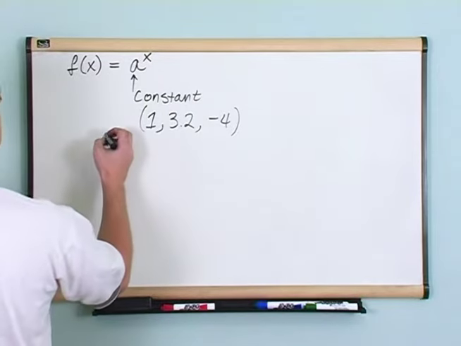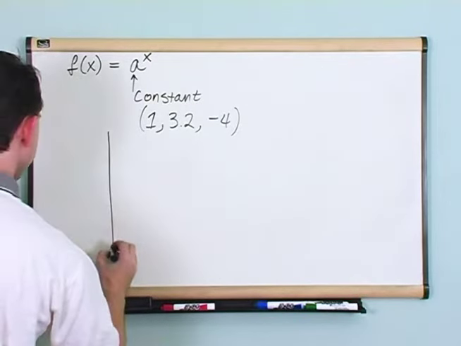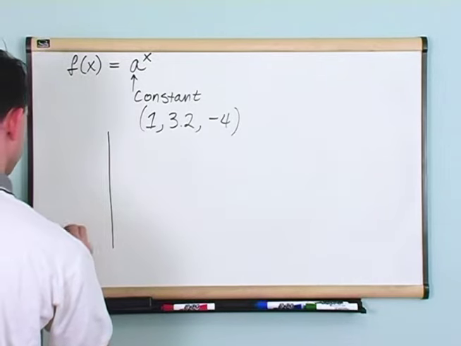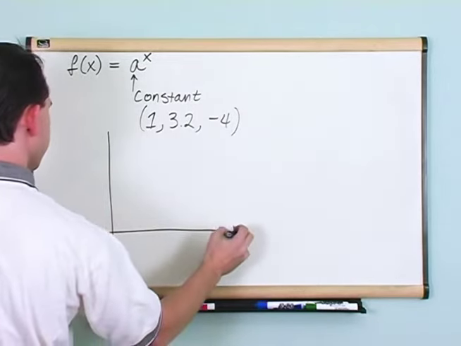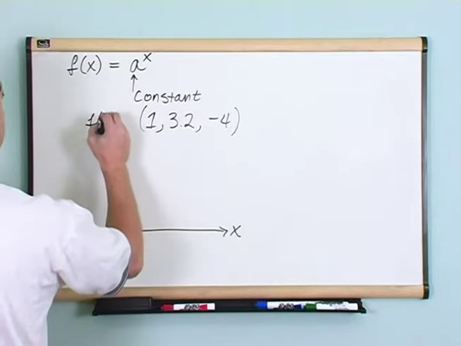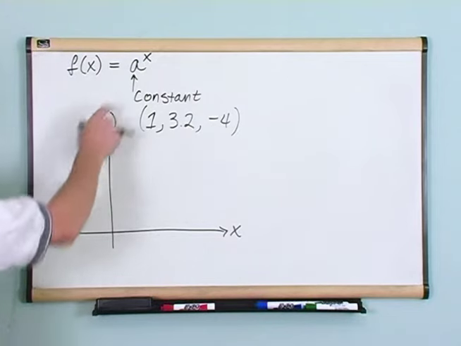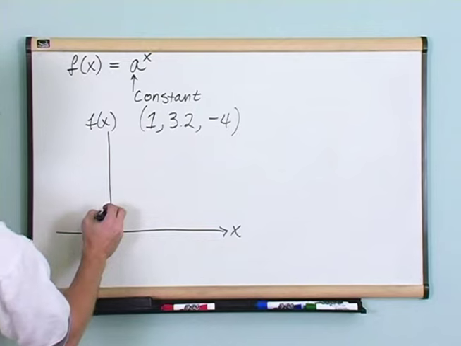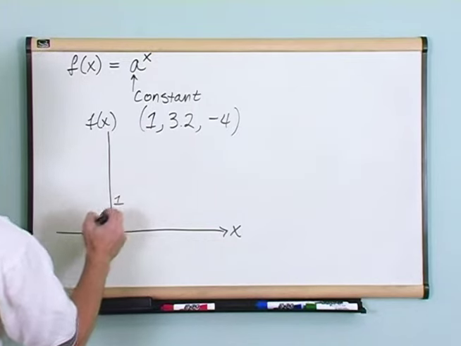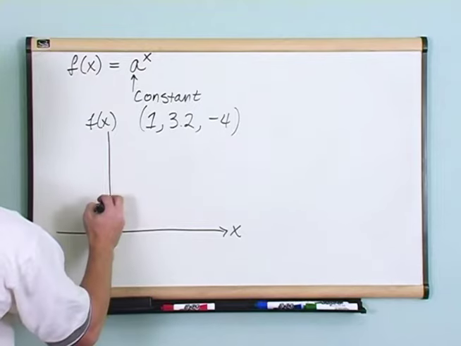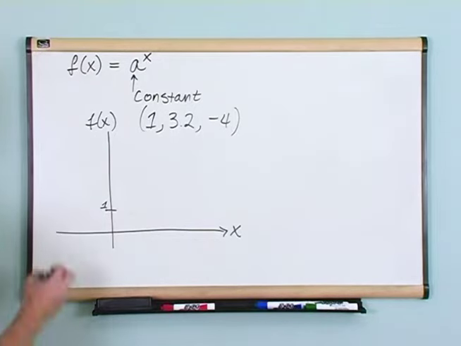Let's say this is a graph like this. This is x, this is f of x, which is basically y in this case. If f of x is equal to a to the x power, and this is 1 right here, then this equation is going to look like the following.